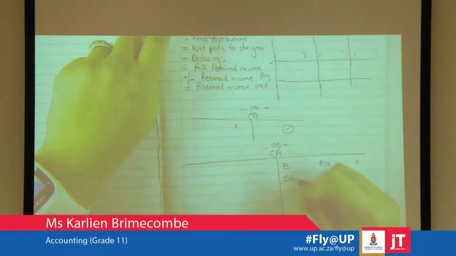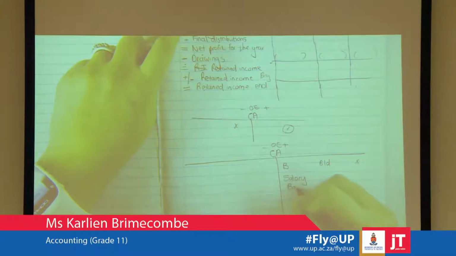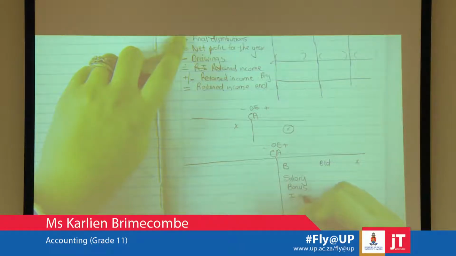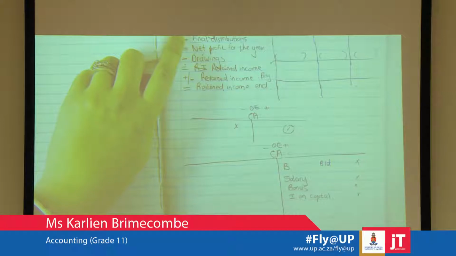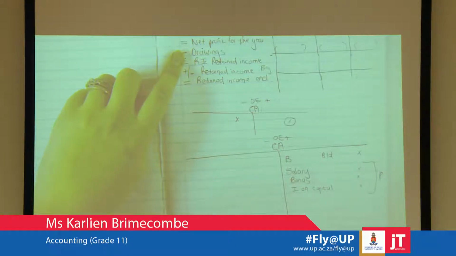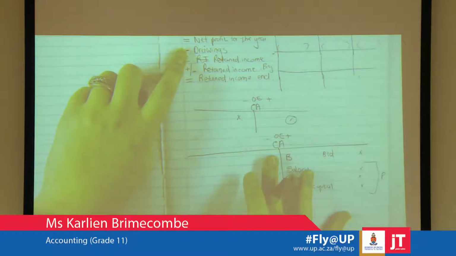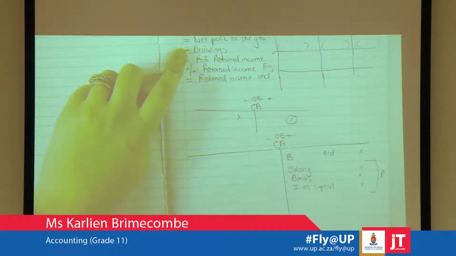Salary, bonus, interest on capital. This will always increase his owner's equity. So there's my primary. The final distribution is calculated in your appropriation account and taken to their current account. So if there was profit left over at the end of the year, that would always appear on the credit side.